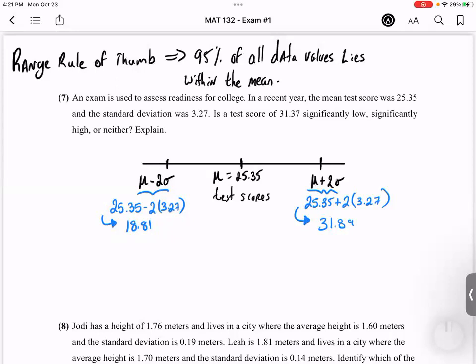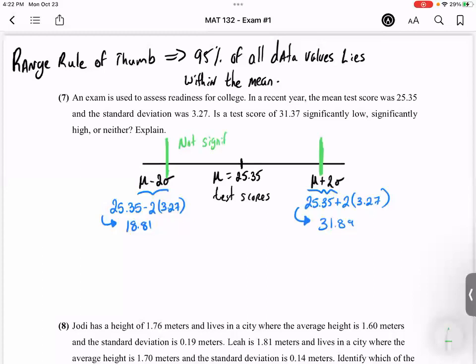Now, this question asks us if we have a test score of 31.37, is it going to be significantly low, significantly high, or neither? And here's how we solve this. So going back to our graph, again, this is within 2 standard deviations of your mean. Anything in the middle is considered not significant.